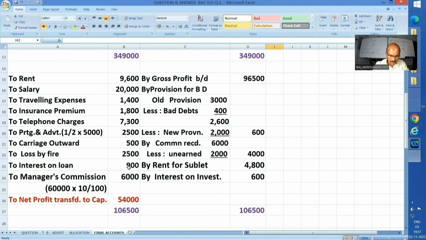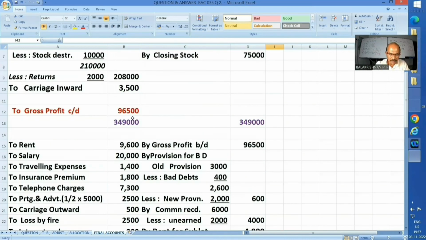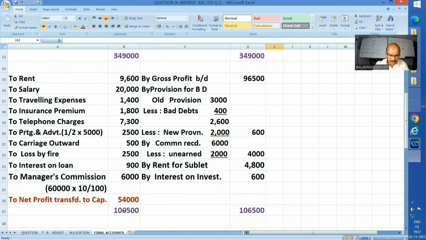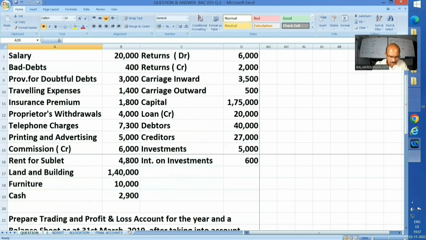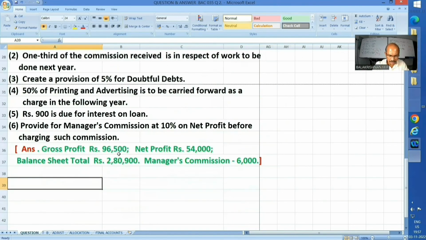Interest on loan, already explained. Manager's commission, at this level you will find there is a 60,000 profit, 10% on that, not after charge. Plainly take 6,000, and my net profit is 54,000. Let us check 96,500 and 54,000. Whether the author is agreeing with that? Yes, 96,500 and net profit is 54,000.